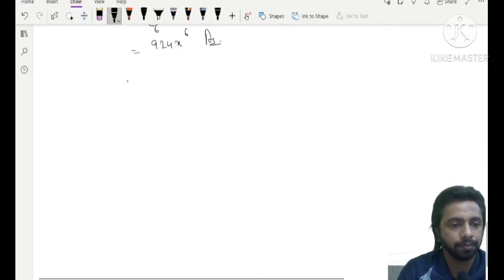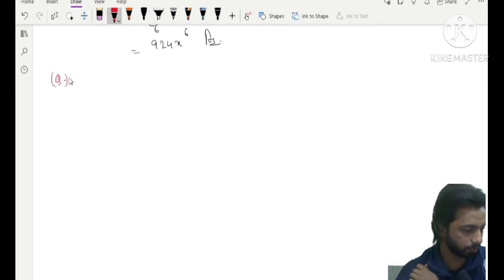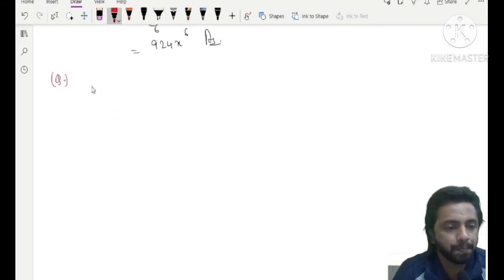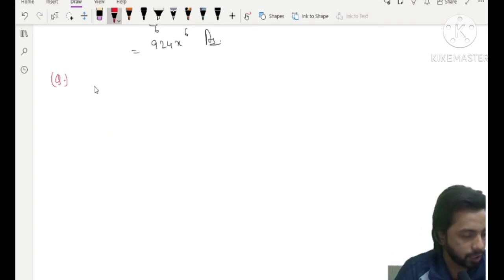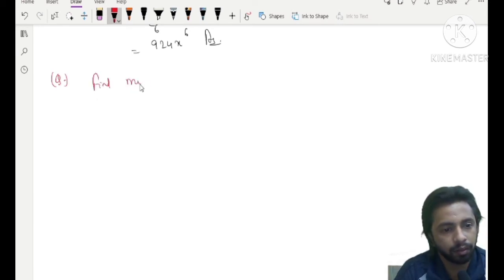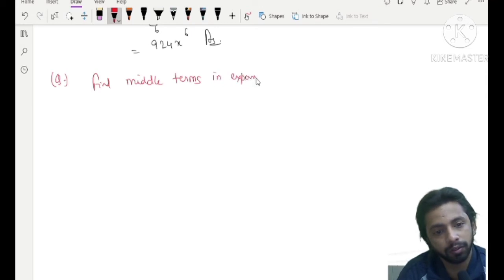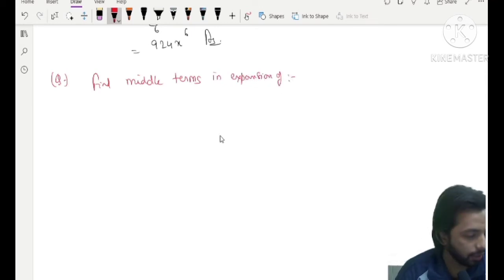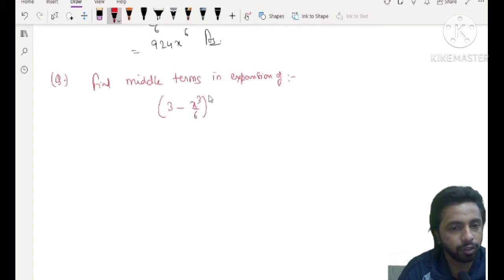Next question. The question is, you have to find the middle terms in the expansion of 3 minus x cube by 6 raised to the power 7.